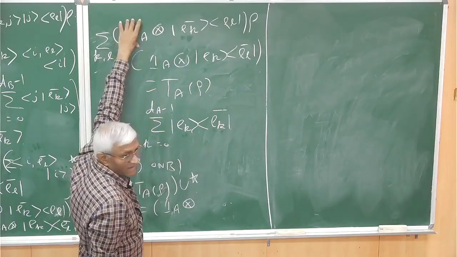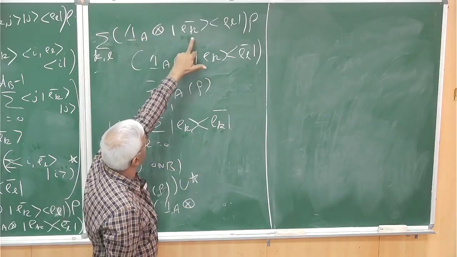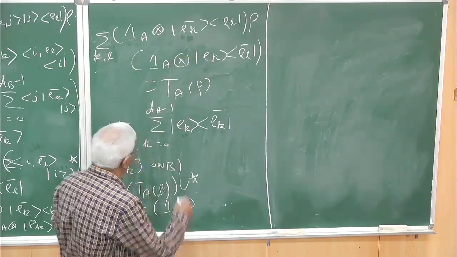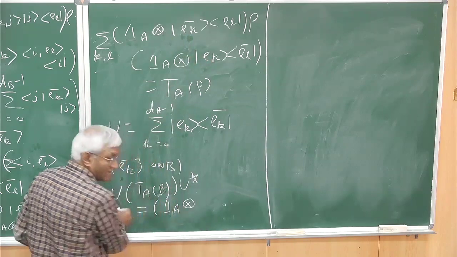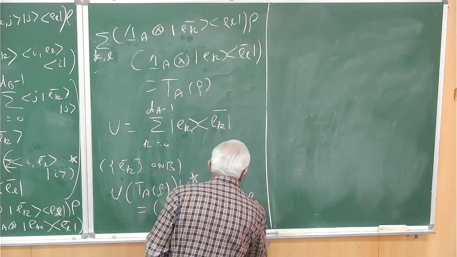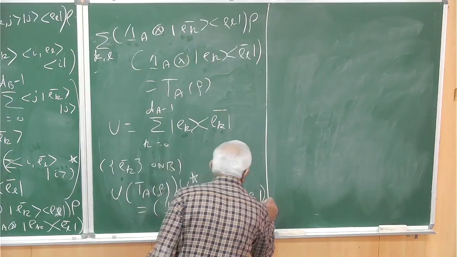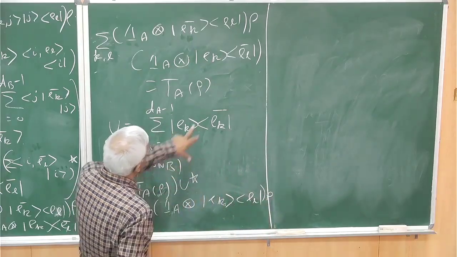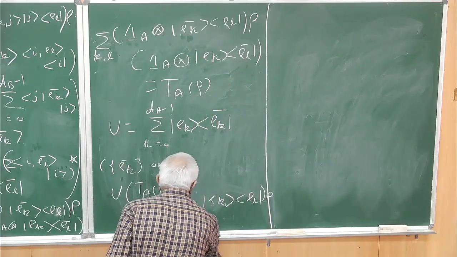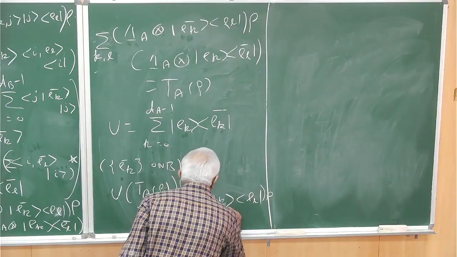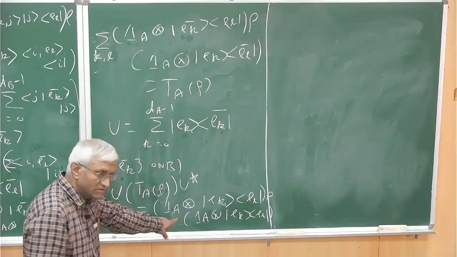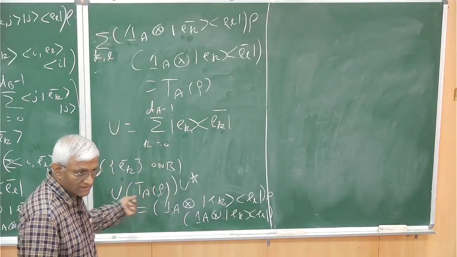You hit it here with a summation over K prime, so it will pick only when K equals K prime. So you will get EK, and whatever EL is will remain as EL, times rho. Then you hit it here, and that will pick precisely when it is equal to L. So this is equal to 1A tensor EK EL. That's all. This is the transpose with respect to that new orthonormal basis, by definition.